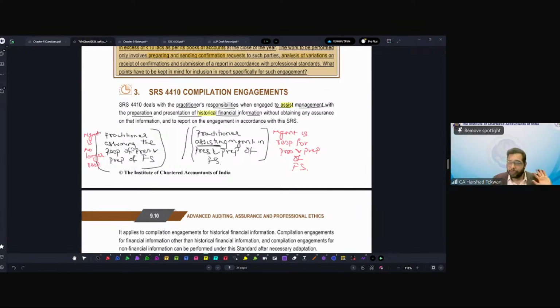Estimated financial information, no. Forecasted financial information, no. Future financial information, no. Prospective financial information, no. Historical financial information means the data and transactions which have already been incurred and recorded, which are already there, for that only. And that too without obtaining any assurance on that information. We are not issuing any assurance on that information.